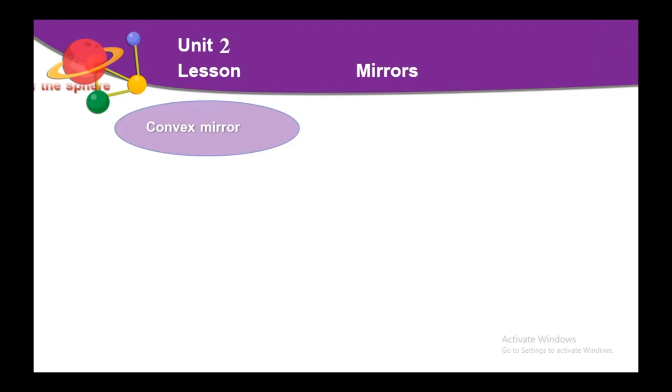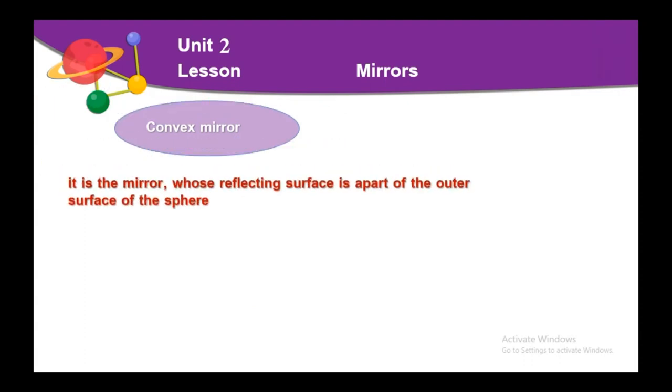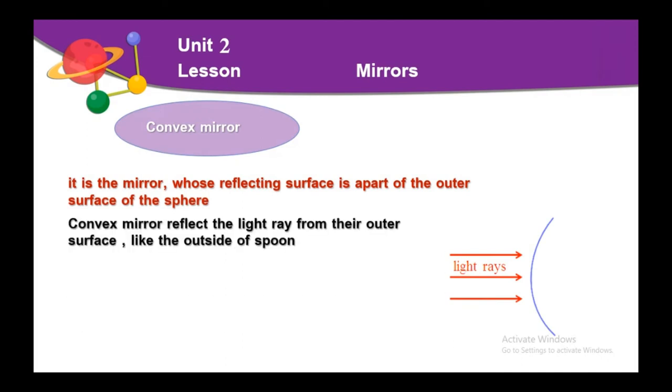Convex mirror. What is the meaning of convex mirror? It is a mirror whose reflecting surface is a part of the outer surface of a sphere. Concave mirror is the inner part of a sphere, while convex mirror is the outer part. Convex mirror reflects light rays from its outer surface, like the outside of the spoon.